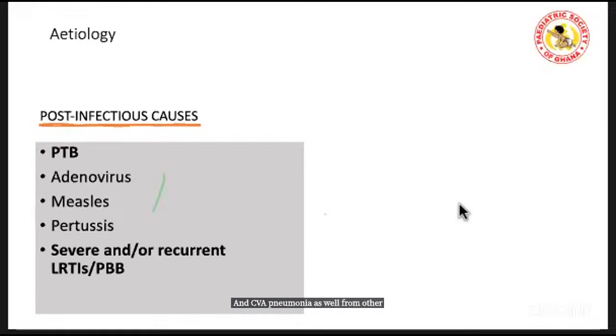Children who have pertussis or measles are also at risk, and so is any child who has recurrent or severe lower respiratory tract infection, and, as we mentioned earlier, protracted bacterial bronchitis at the earlier end of the spectrum of the disease.